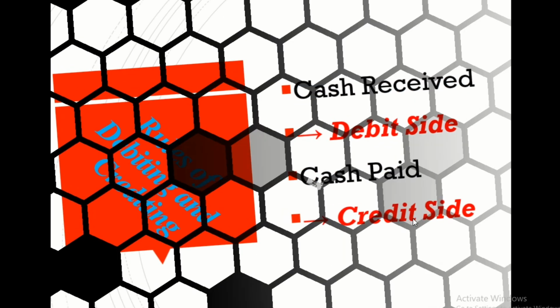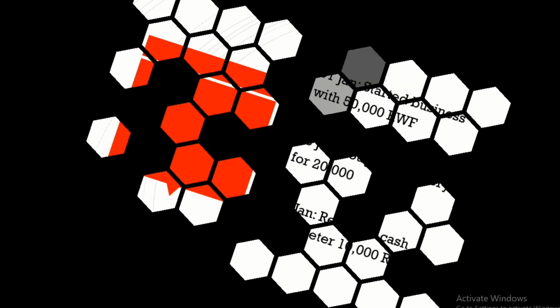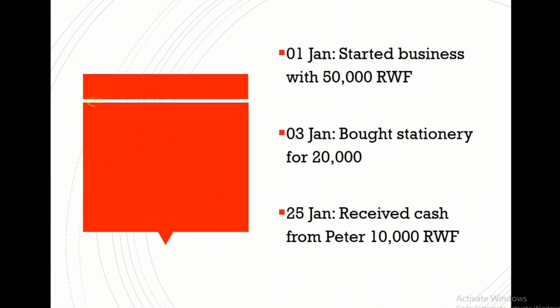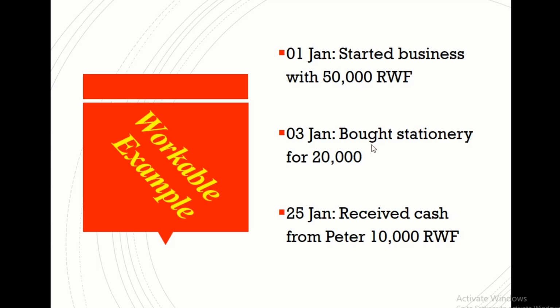So let us see what would be a workable example, especially if a particular company made the following transactions in the month of January. You can see on 1st January, a company or an entrepreneur started a business with this amount of money, 50,000.